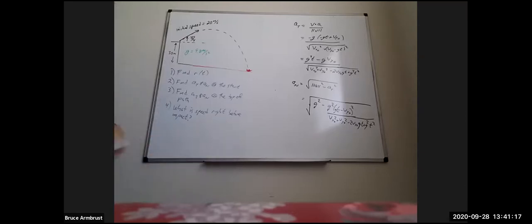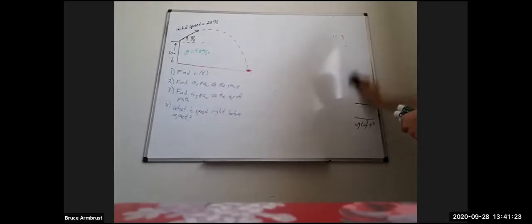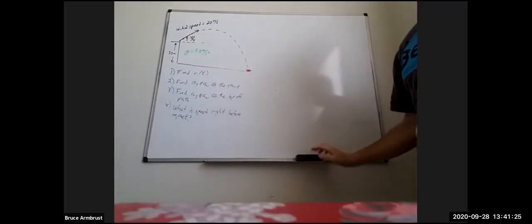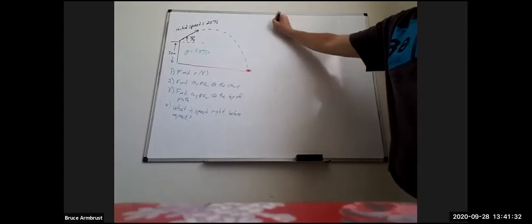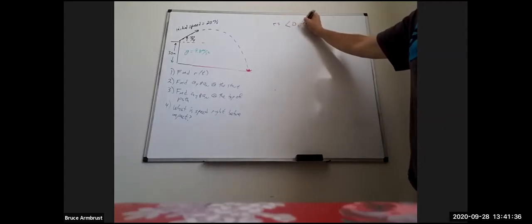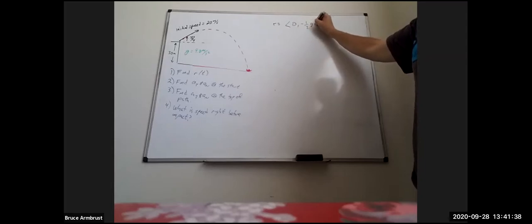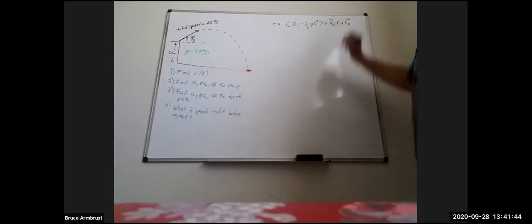All right, well, we already did all the work. So let me pop back over here. I already showed you that we can get our r by looking at 0 minus 1/2 g t squared plus v naught t plus r naught.